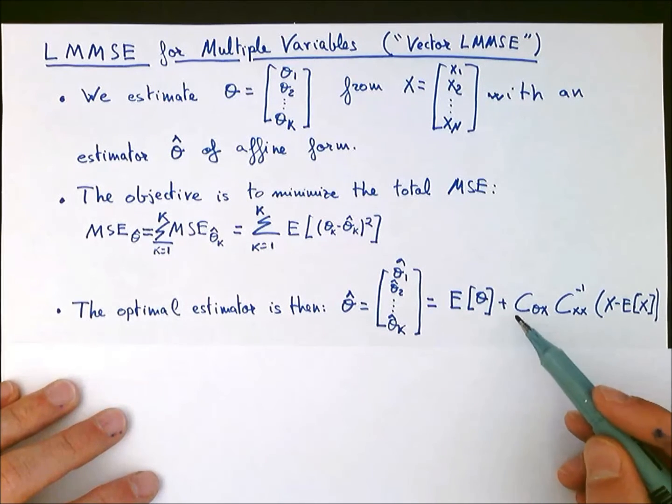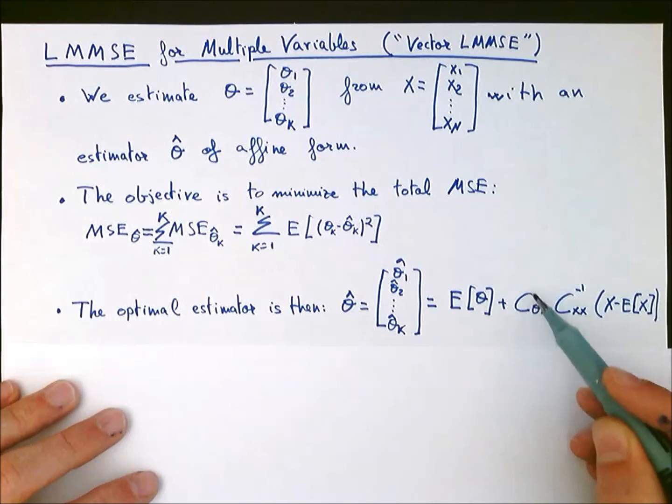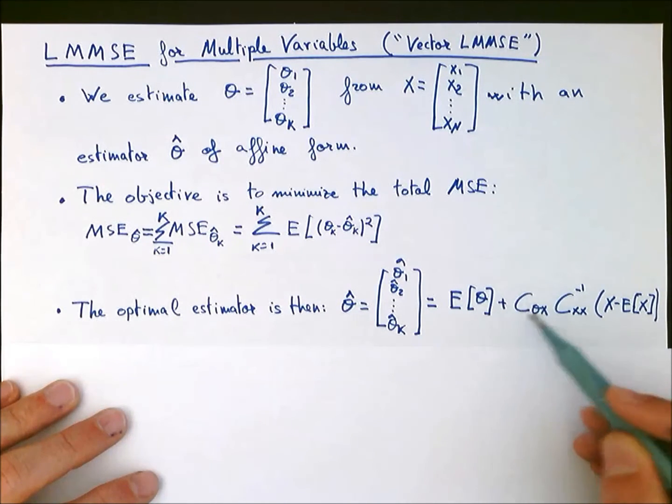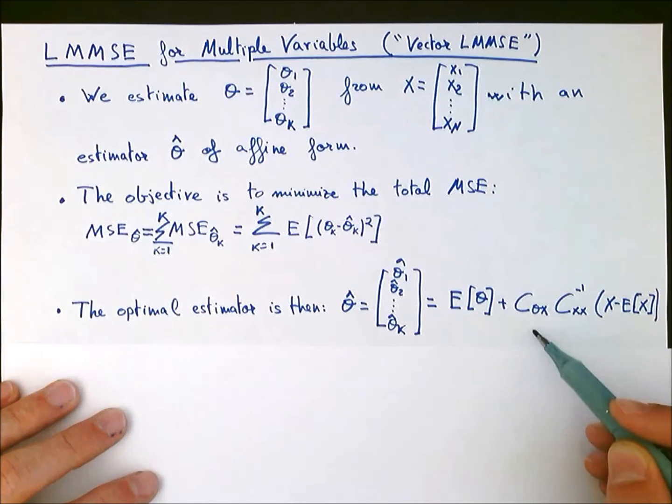This is going to be a matrix because this time the covariance between theta and x is going to be a covariance matrix, since the unknown variable theta is in this case a vector.